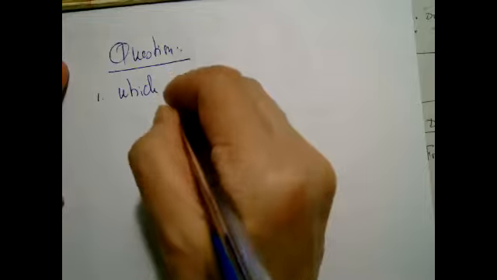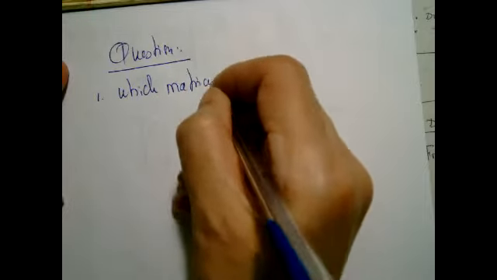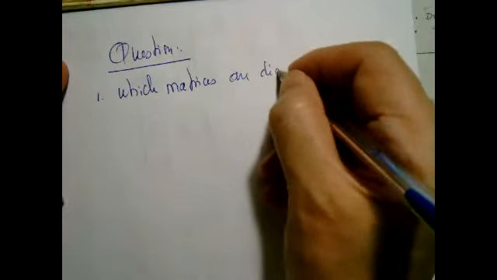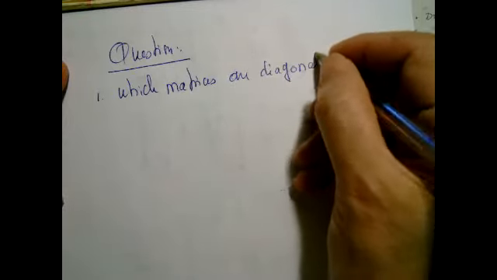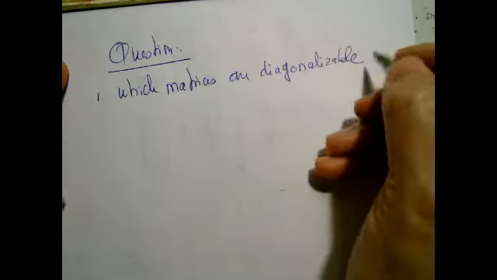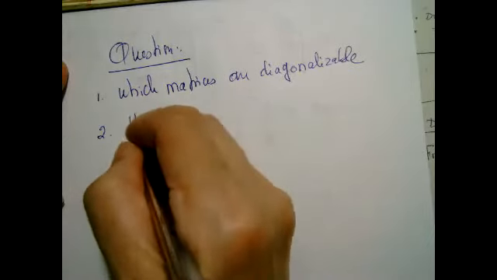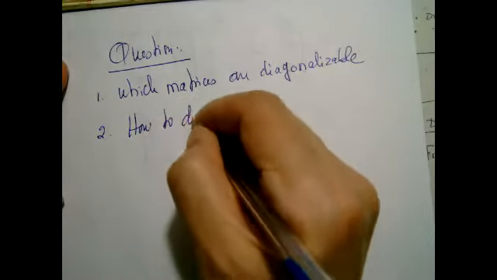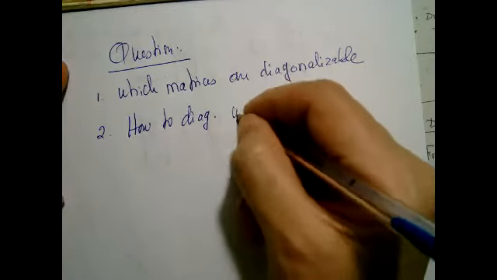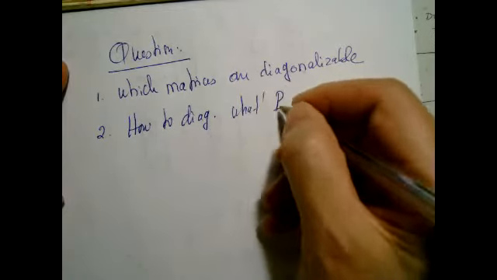So the big questions of today that we're going to solve are: question number 1, which matrices are diagonalizable, which ones can I factor out? And question number 2, how to diagonalize. It means, what is P and what is D?